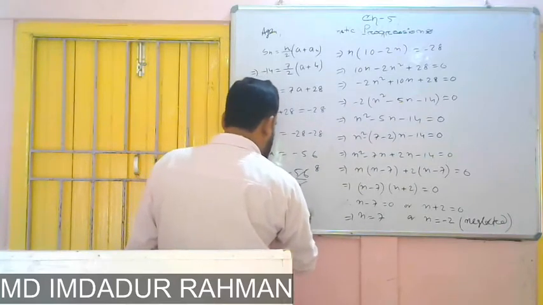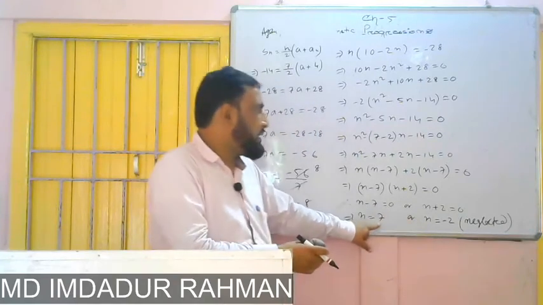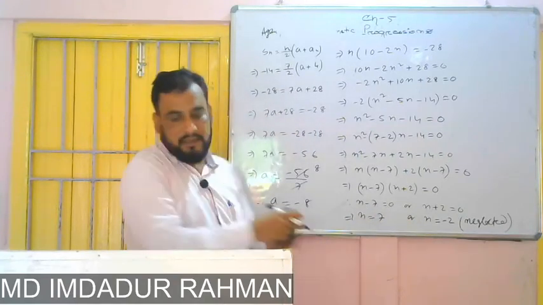Therefore a is equal to minus 8. So your value of n is 7 and a is minus 8.